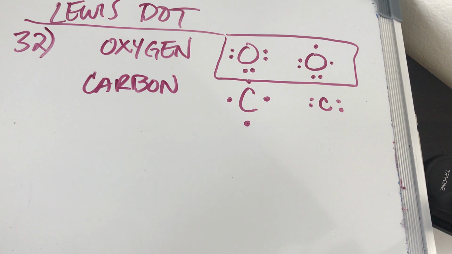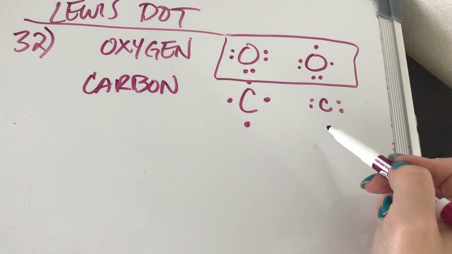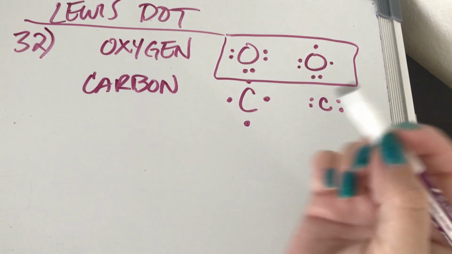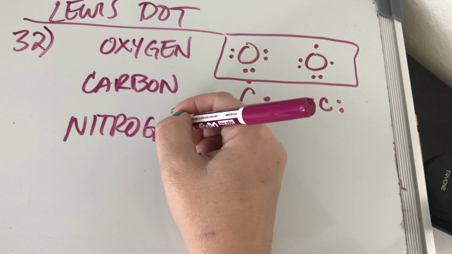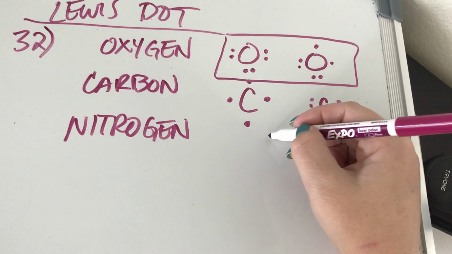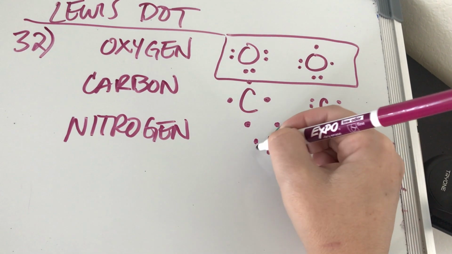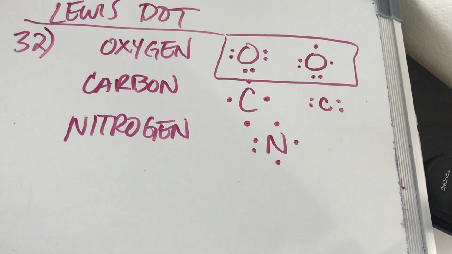Questions about these? How about nitrogen? 5 valence electrons. Something like that, I got 5 dots around nitrogen.